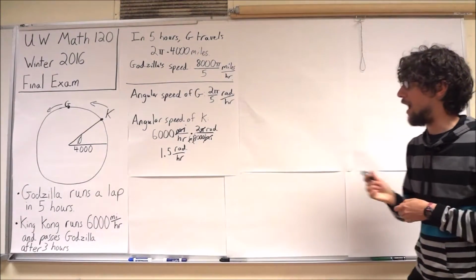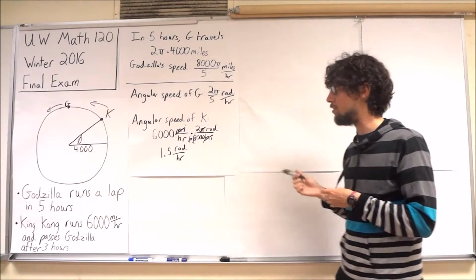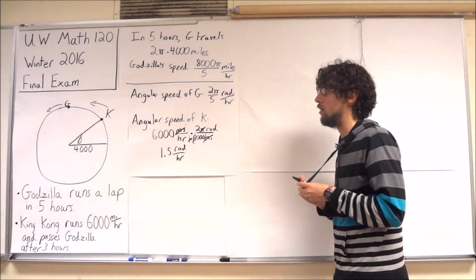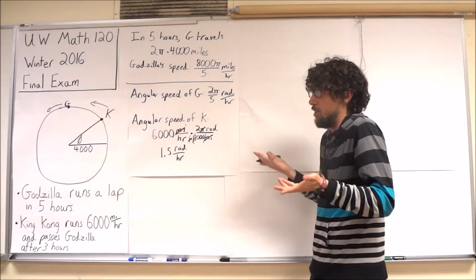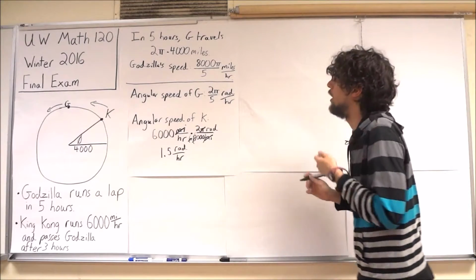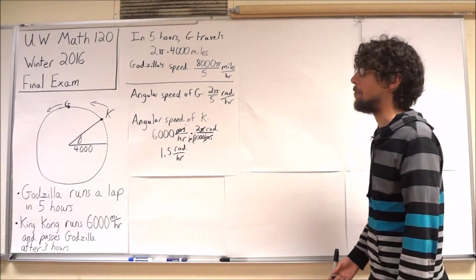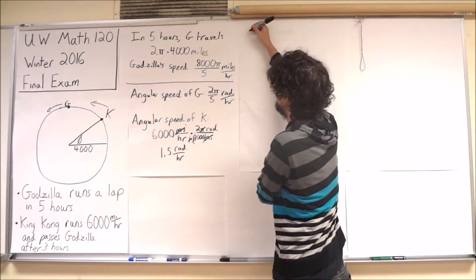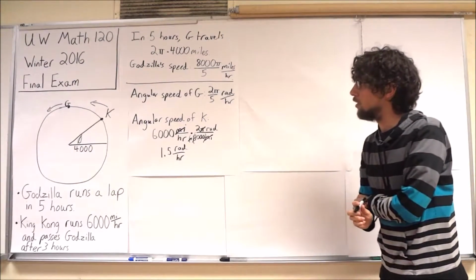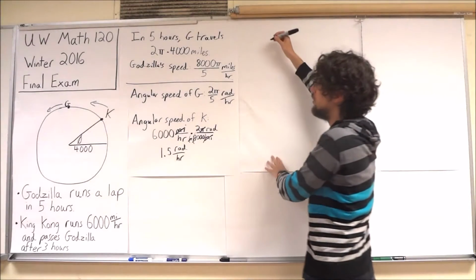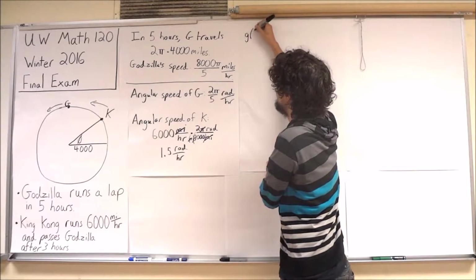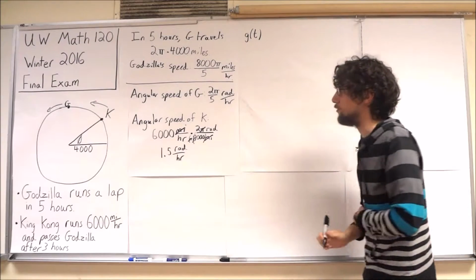So now I have their angular speeds. I also have their initial positions in some sense or another. So I can express their positions as functions of time at this point. I'll use little g to represent Godzilla's position as a function of time.